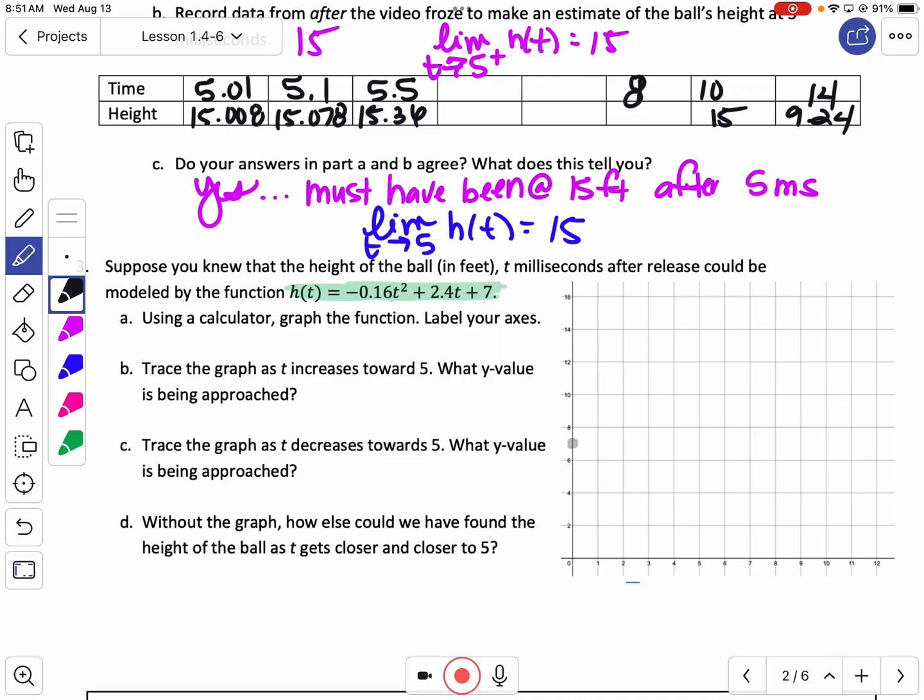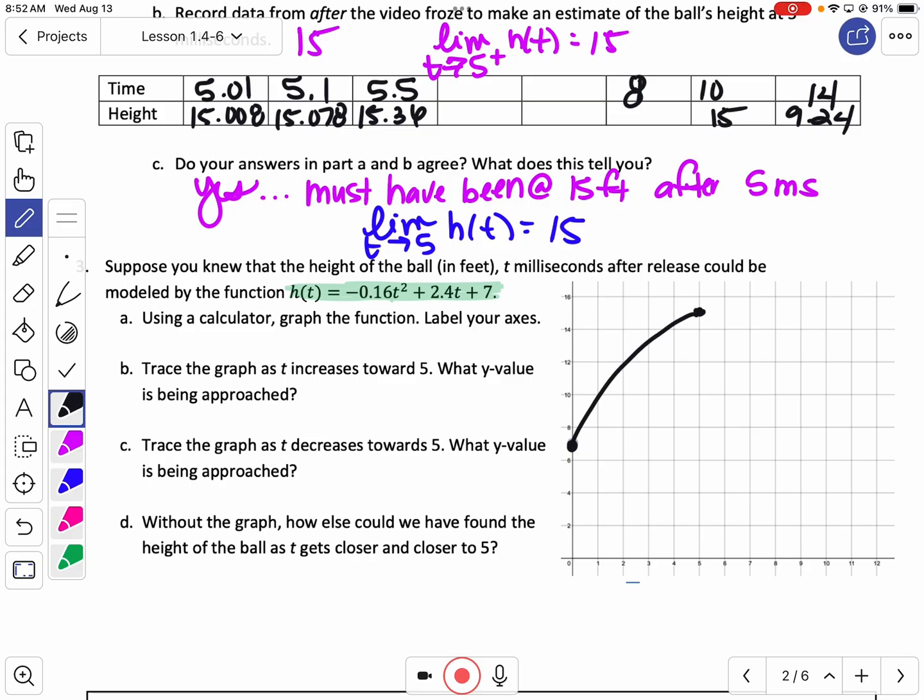And so at 5, we're at 15. And so it's looking something like this, based on the data that we have. Okay, and so it asks you to trace the graph.